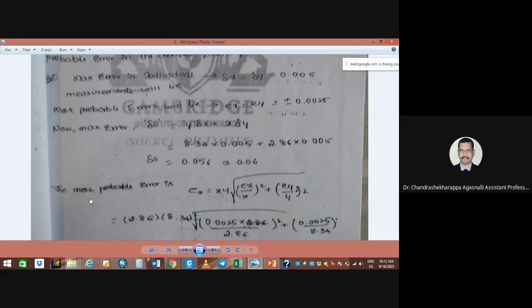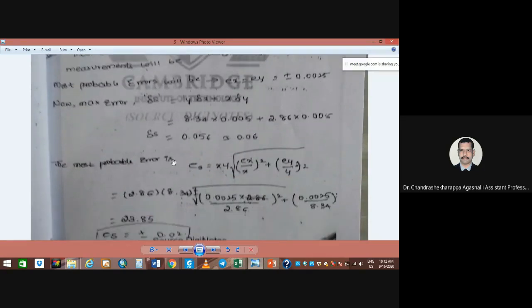So we have the given data here, and you need to fix this here and you can solve the problem. This is so easy, and you know the trigonometry of that very well. It is not a big issue. The most probable error is ex is equal to xy square root of (ex by x) whole square plus (ey by y) whole square.